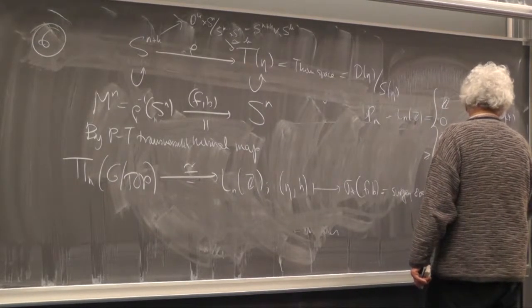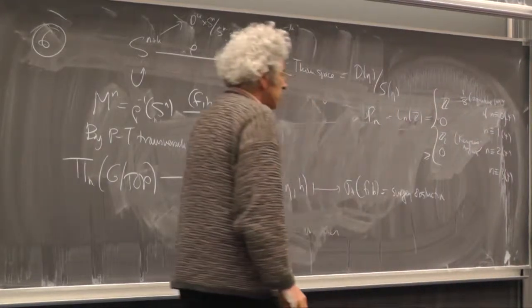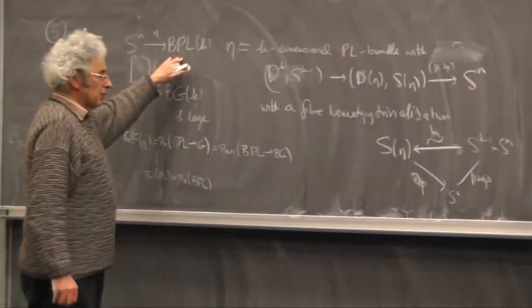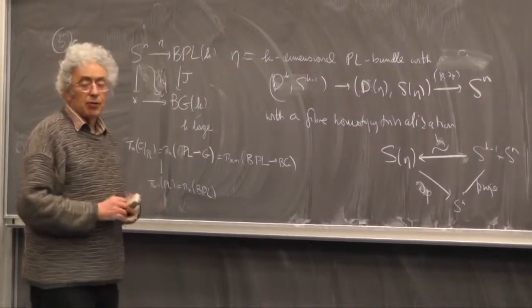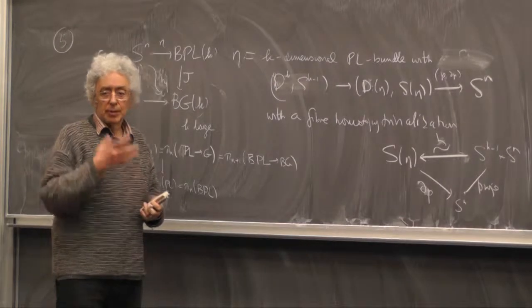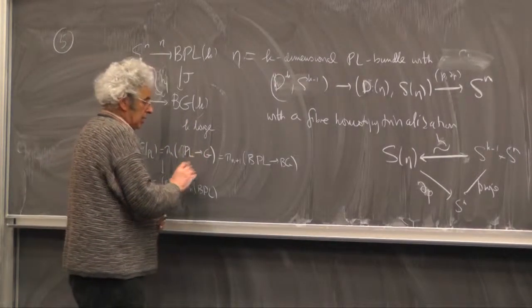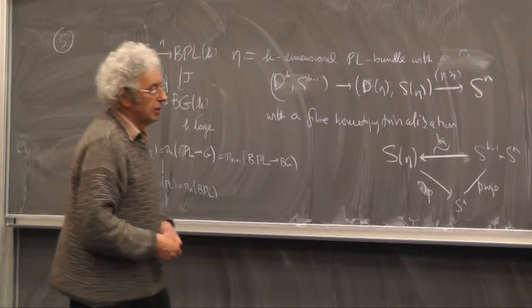So the conclusion is that if you are at all interested in the difference between PL manifold theory or PL bundle theory and homotopy theory, you are forced into surgery theory. Because the relative groups between PL bundles and spherical fibrations are algebraic.